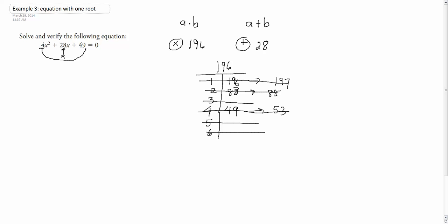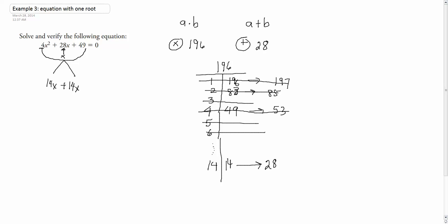And we continue on, and you would continue on until you reached 14 and 14. 14 times 14 gives us 196, and 14 plus 14 gives us 28. Now that we have those two numbers, we take this middle term and split it into two terms that add to give 28.